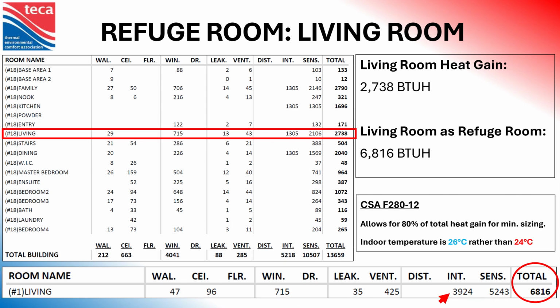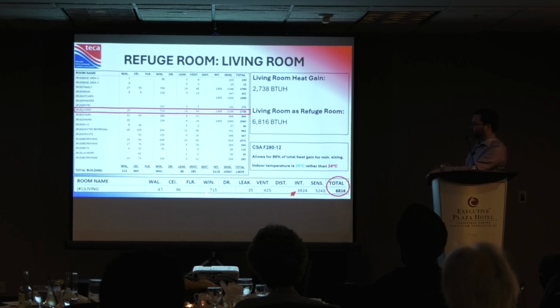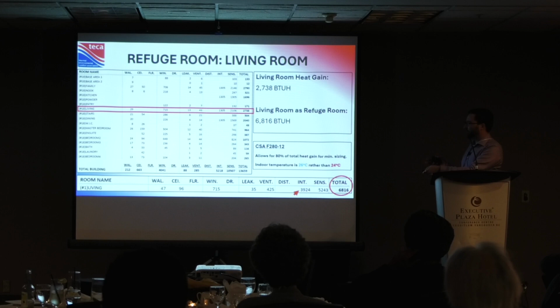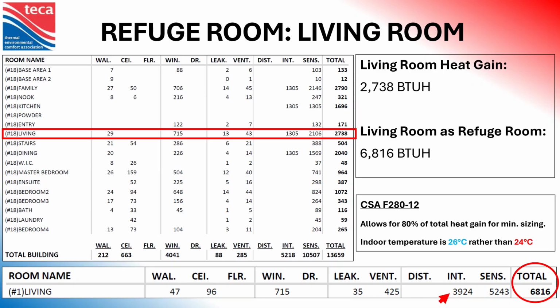If you look at the walls, they go from 29 BTUs to 47. You know, percentage-wise, that's a huge increase, but when you're looking at the overall load, it's actually negligible. There's now about 100 BTUs for the ceiling, 0 for the floors, because I omitted them. The window load is exactly the same. The leakage has gone up 3 times, but again, it's only 35 BTUs.